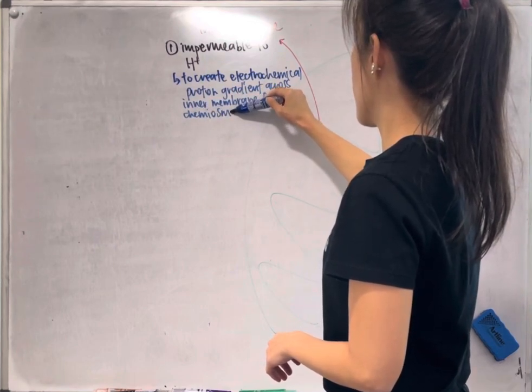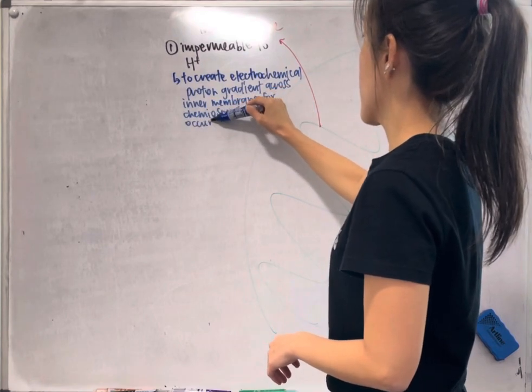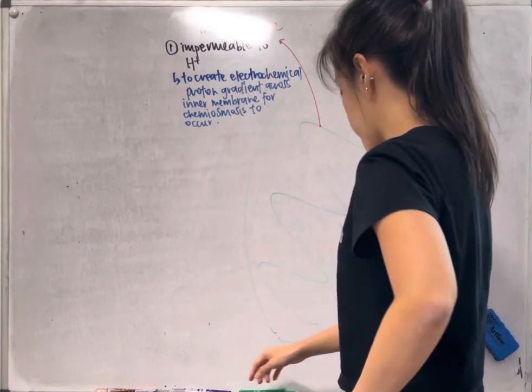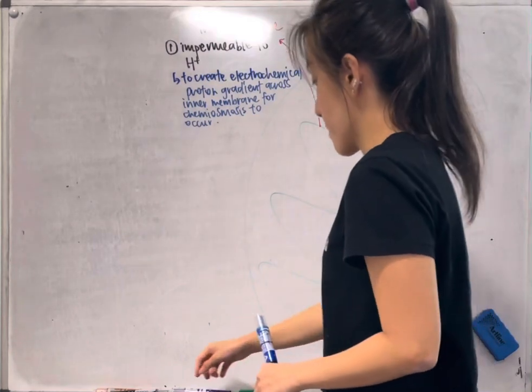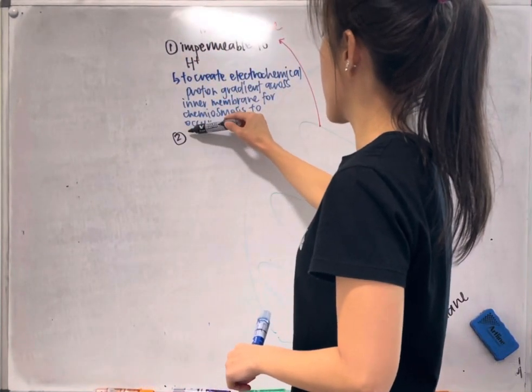Second structural feature, Josh: the inner membrane, just like your thylakoid membrane.